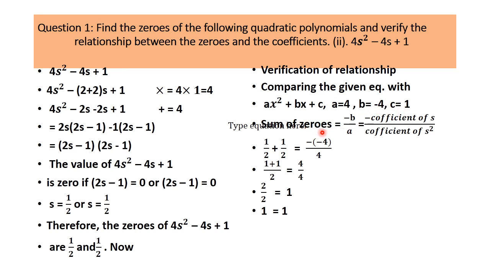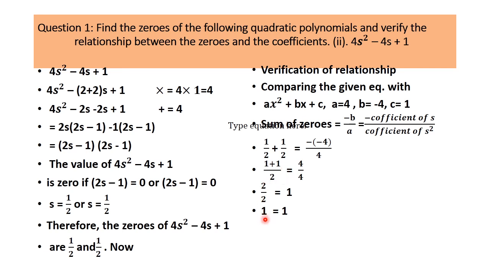Now the sum of zeros is minus b upon a. This is minus the coefficient of s, upon the coefficient of s square. Now for the sum of zeros, we will add these zeros. 2 is the LCM, so 1 plus 1 is 2 upon 2, which is 1.